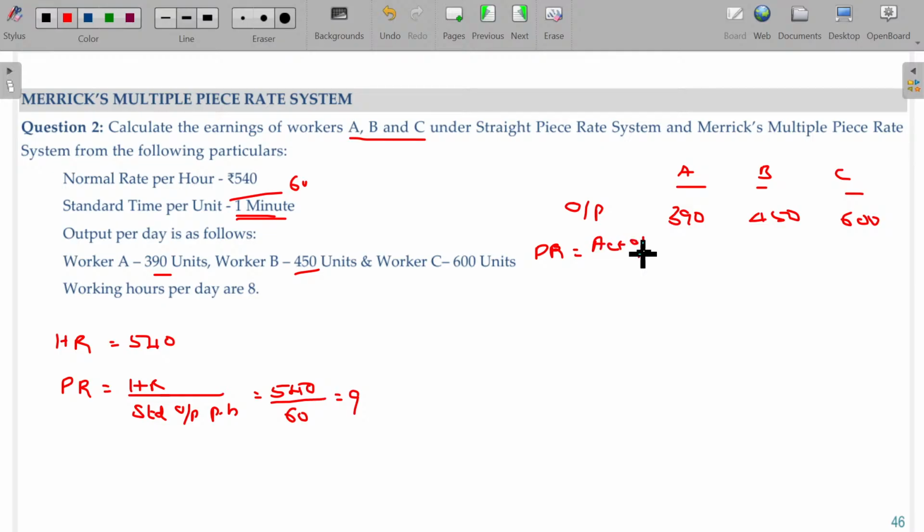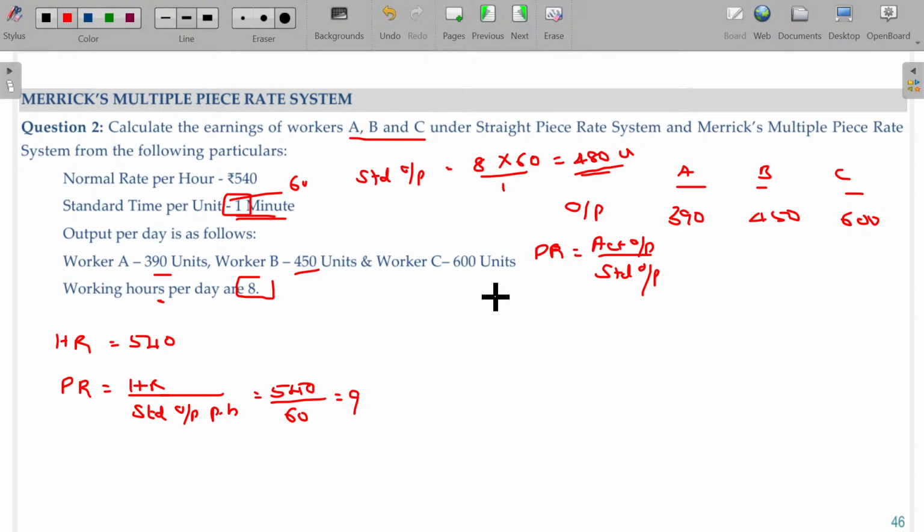Actual output divided by standard output. Standard output being, come on, tell me, working hours per day being 8 hours into 60 minutes, you have 480 minutes. For every unit, I need 1 minute. So for every 1 minute, I can manufacture 1 unit. For 60 minutes, 60 units can be manufactured. For 8 hours, 480 can be manufactured.